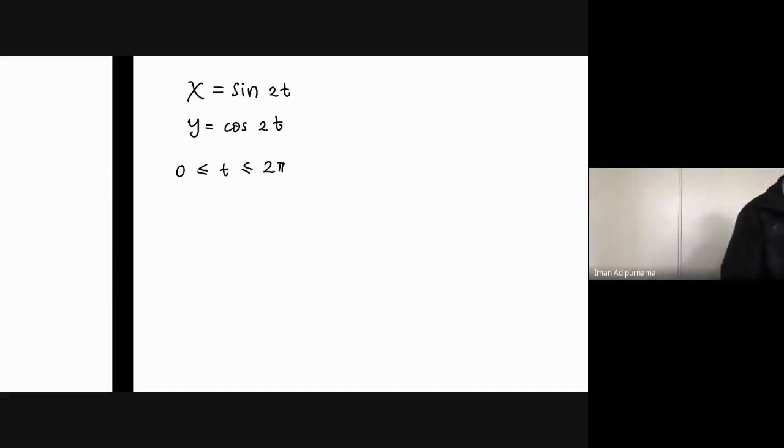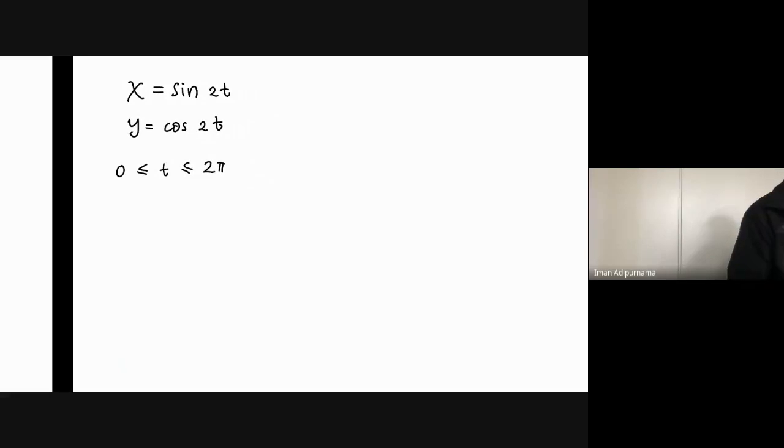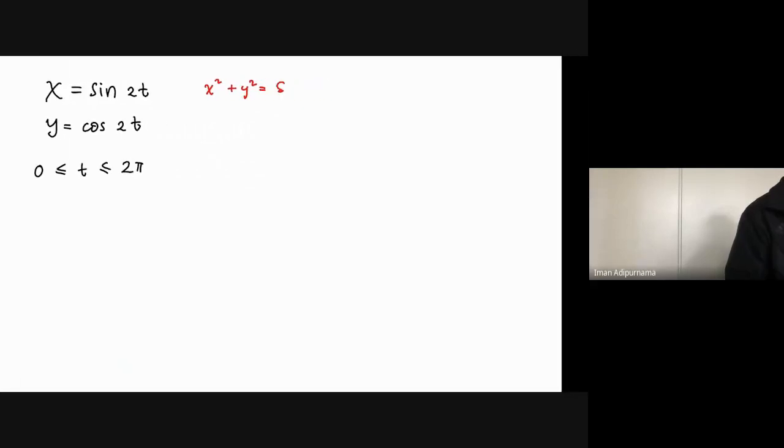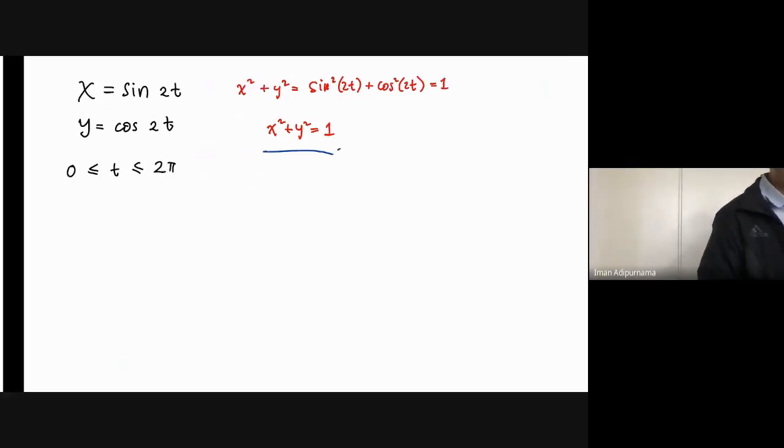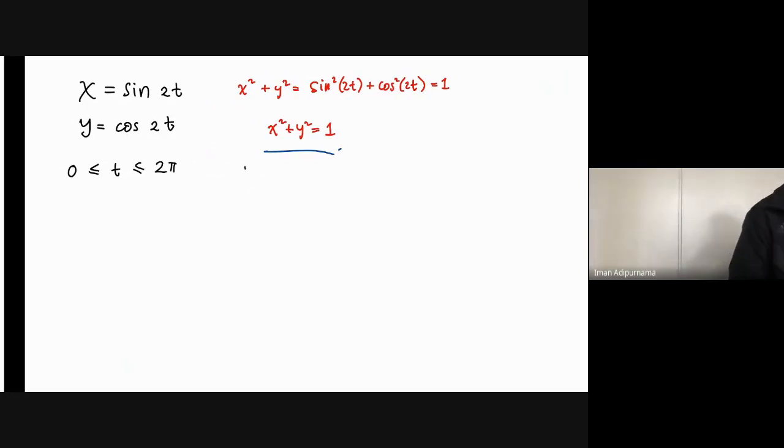And you can also think of this as x squared plus y squared becomes 1, right? So you can simplify this to become the circle equation, and you can simply draw a circle.